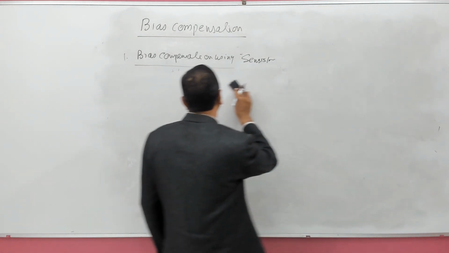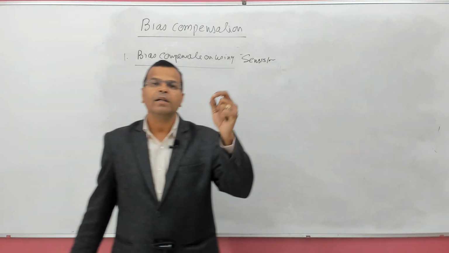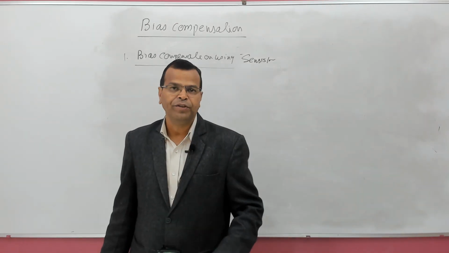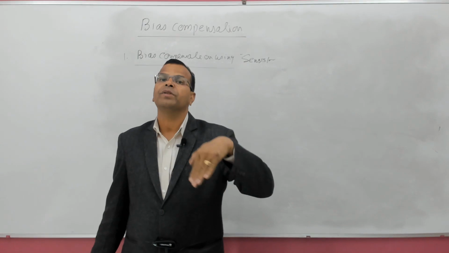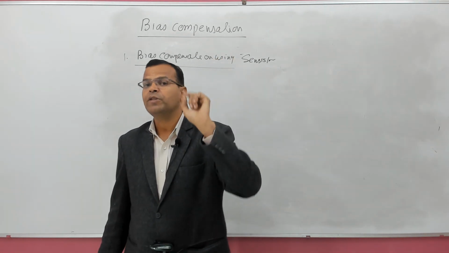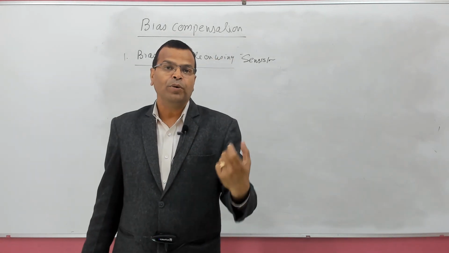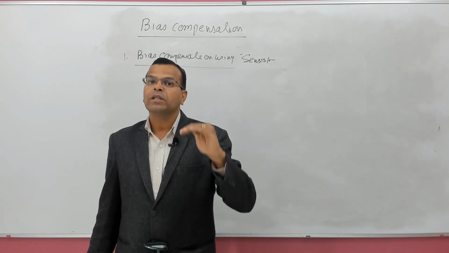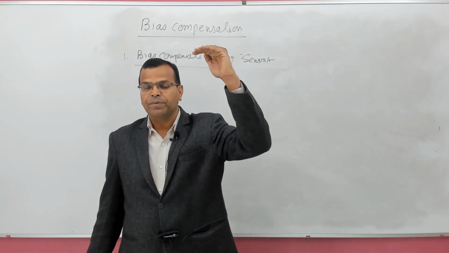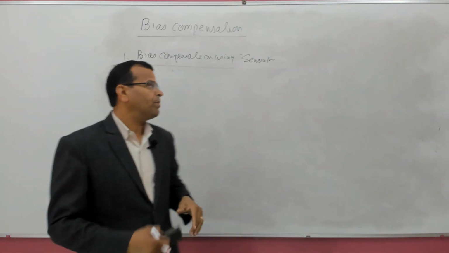The only difference is thermistor has a negative temperature coefficient, that means its resistance reduces with increasing temperature. But in case of transistor, it is opposite. The resistance of transistor increases with increasing temperature. So, that is positive temperature coefficient.